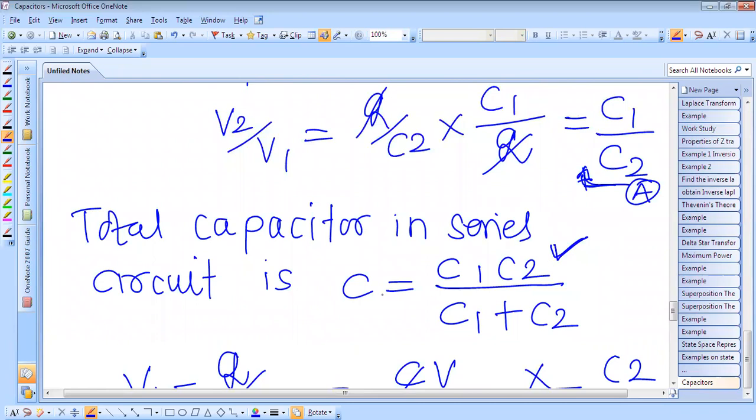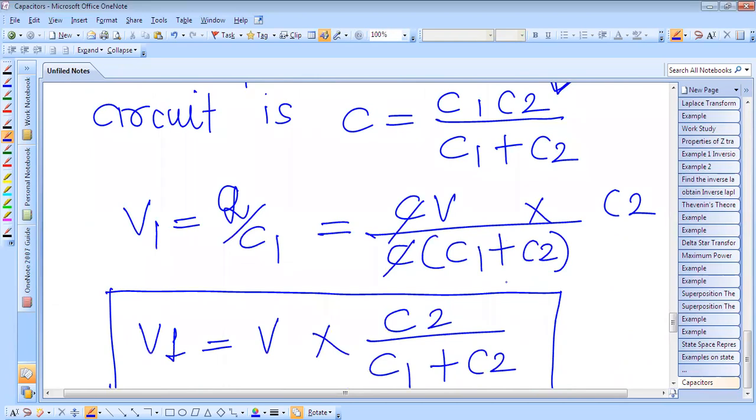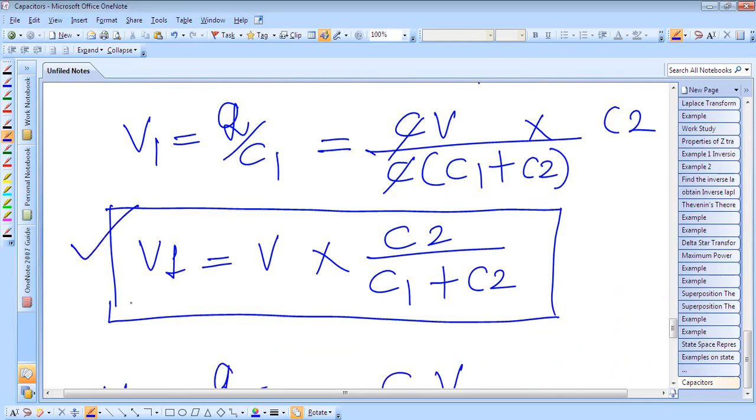So C into C1 plus C2 divided by C2. Here we put C1 plus C2 divided by C2, and C2 will go upwards, C will cancel, and this is the voltage across capacitor C1.